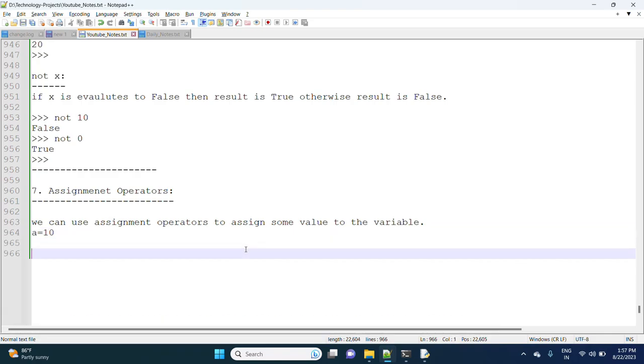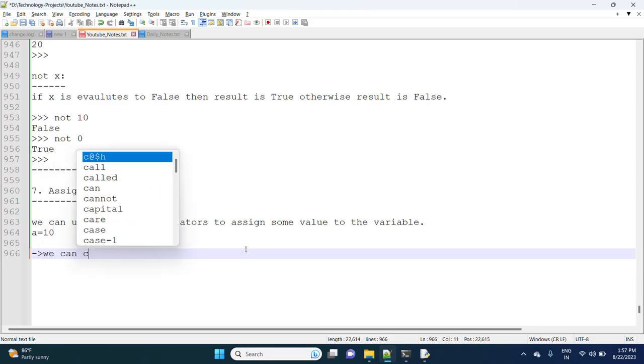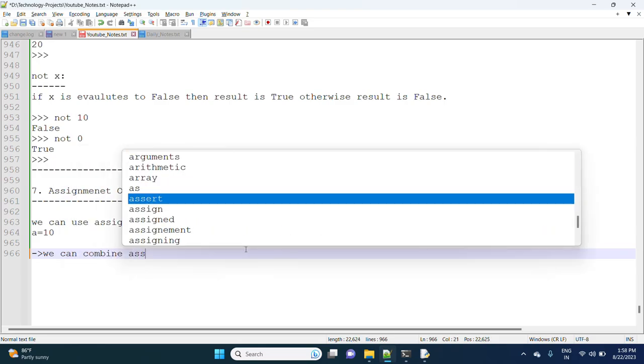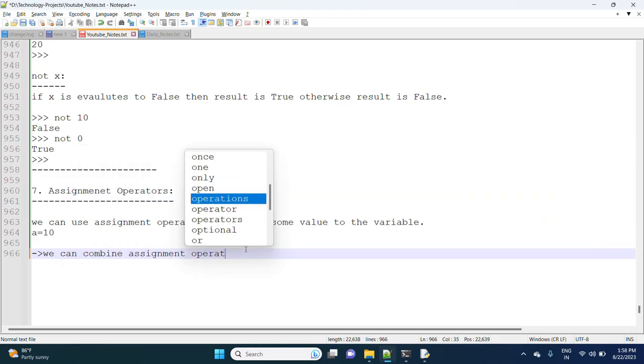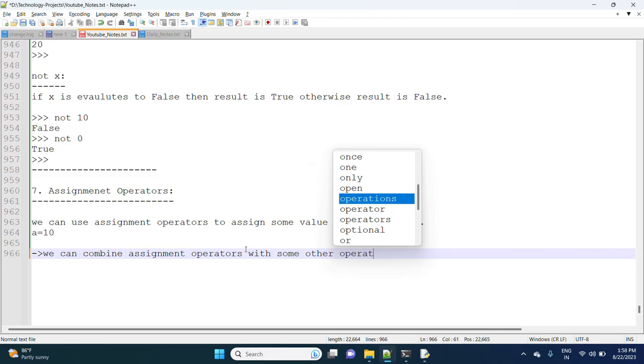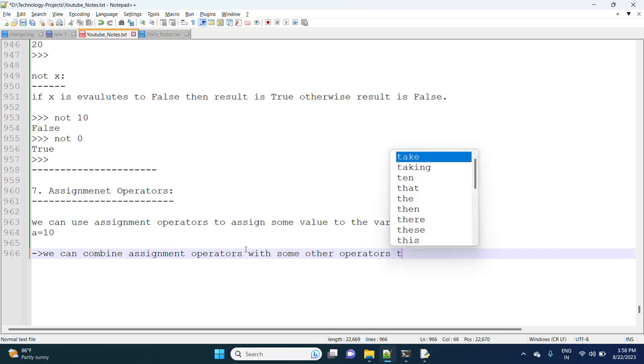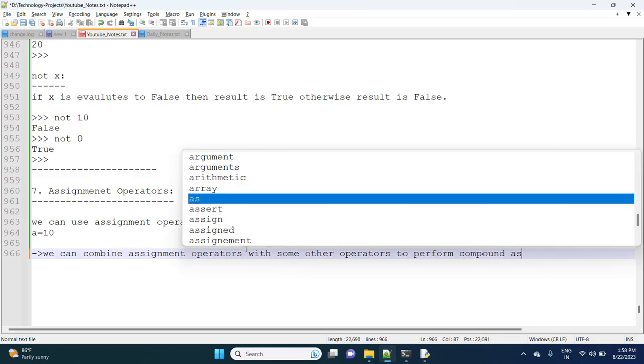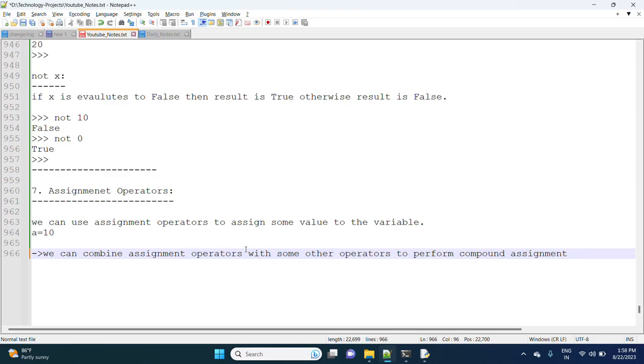We can combine assignment operators with some other operators to form compound assignment operators.